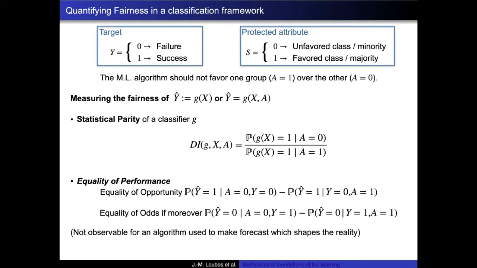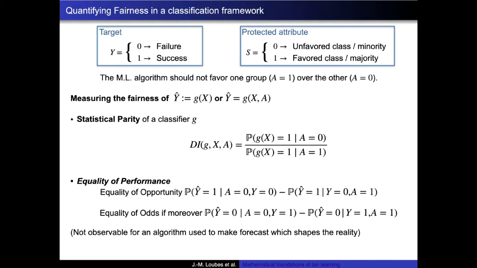The second case was about performance. The second type of bias, which corresponds to the second example, deals with what is called equality of performance, where you look at the probability of being mistaken. That means you forecast y equal to 1 while y should be equal to 0, or you forecast y equal to 0 while y is equal to 1, and you look at the difference of the two probabilities for the two groups, whether a equal to 0 or a equal to 1.